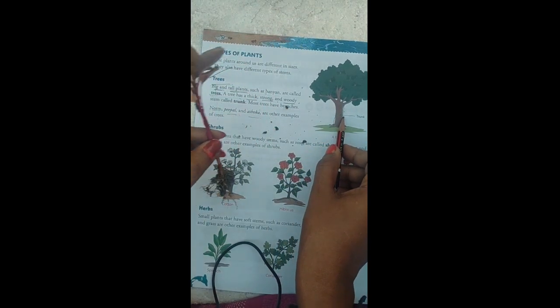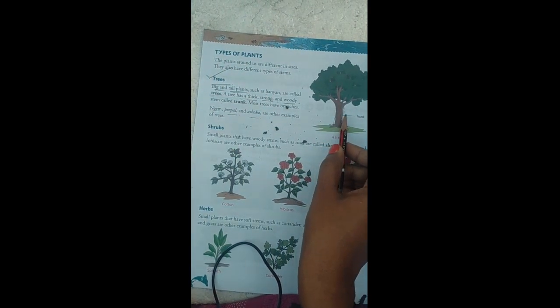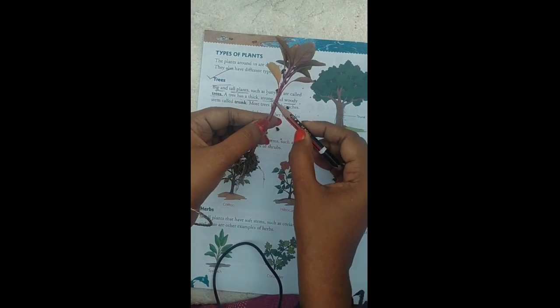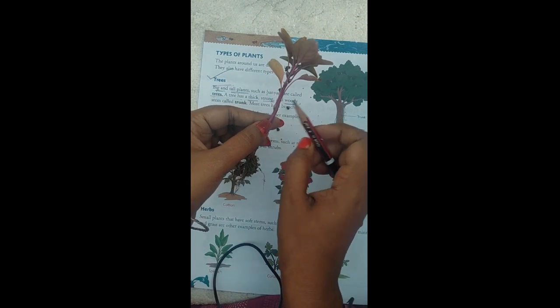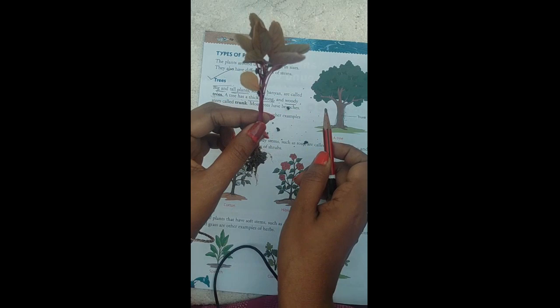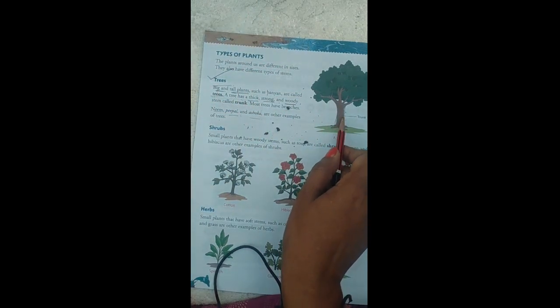Plants which have a strong, woody stem are called trees. But is this stem strong? Is this woody? No, it is not. So we can't call this plant a tree.